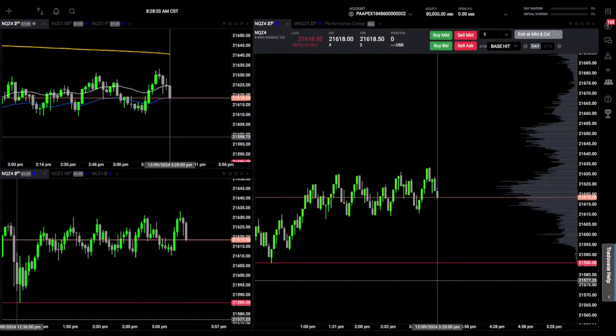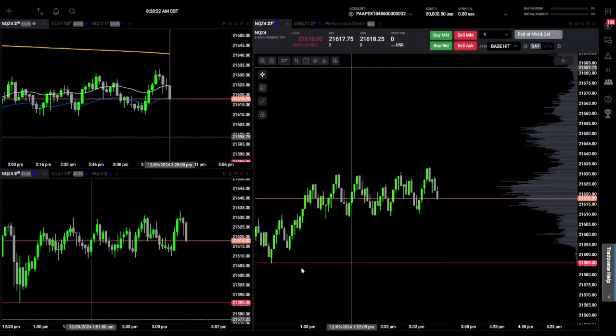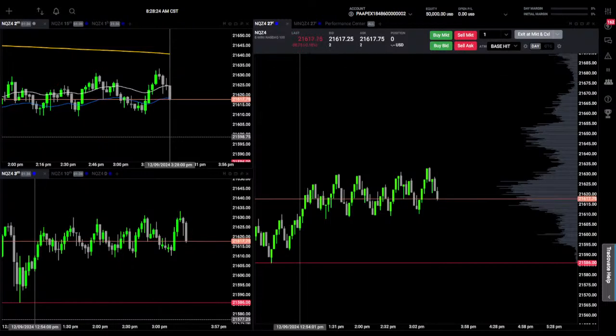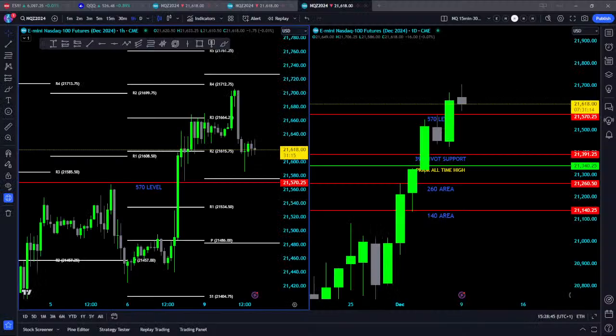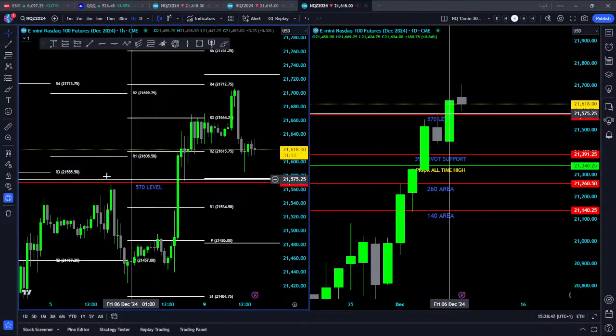Someone asked why not buy. Well, I never buy at the tippity top, especially when we're dealing with all-time highs. I don't want to buy all the way up here just to get dumped on. We do have a retest into the 570s. Let me show you guys. This is the prior all-time high right here.